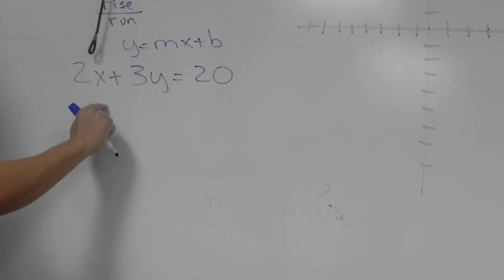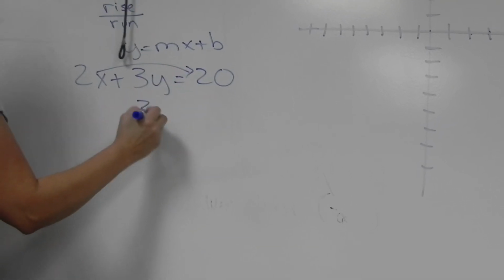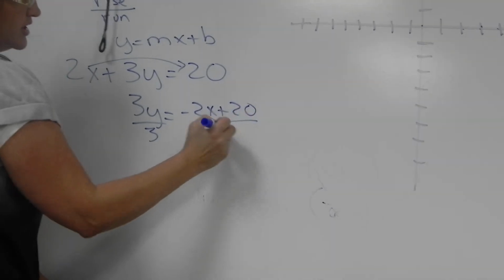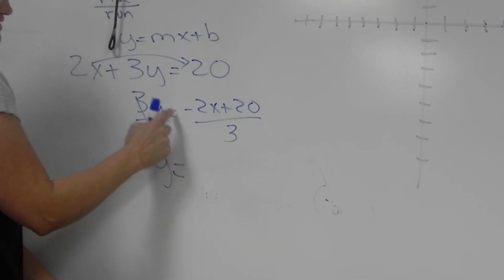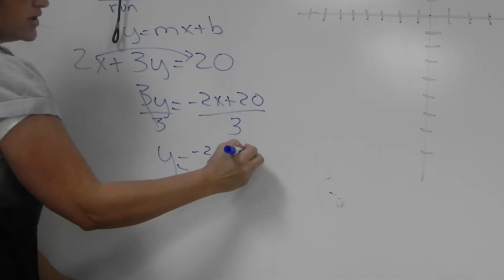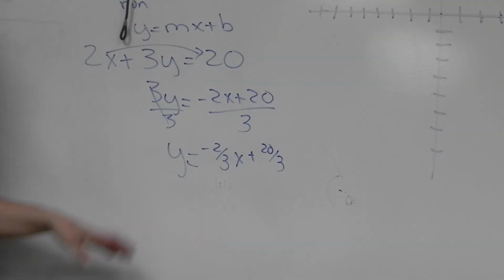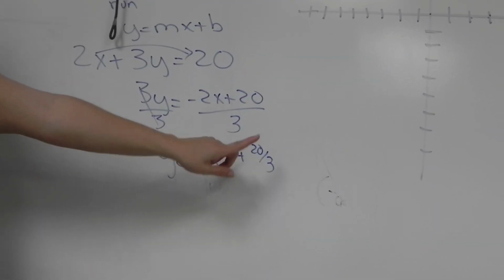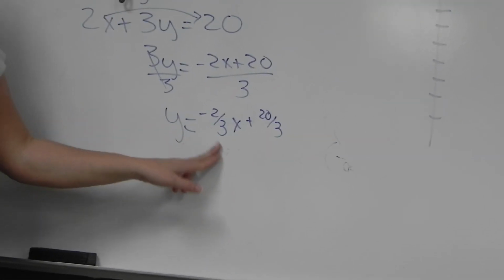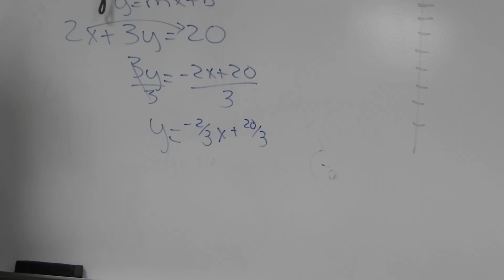So in this equation, I would throw the 2x over, divide out by 3, and I would have the slope negative 2/3 and 20 over 3, the y-intercept. And I could plot the y-intercept, start at that point, and then rise over run from that point to actually draw the whole line if you wanted to.